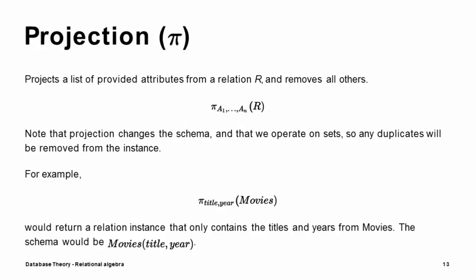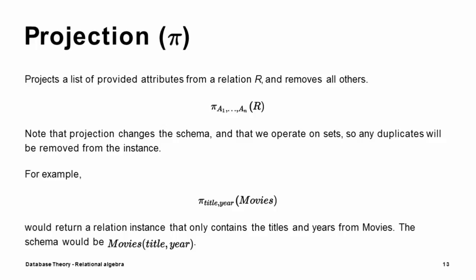So the projection then. Well, that's an operator that we use when we are interested in just a few of the attributes. The selection returns all of them. The projection, the pi, returns those attributes that we tell it to return.